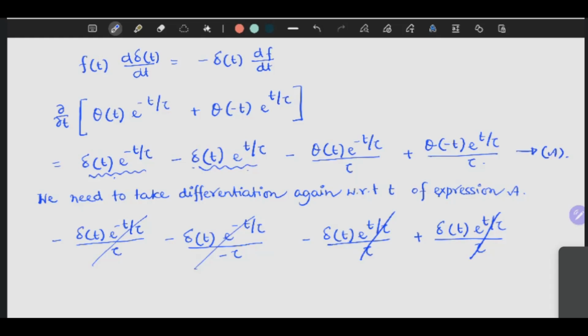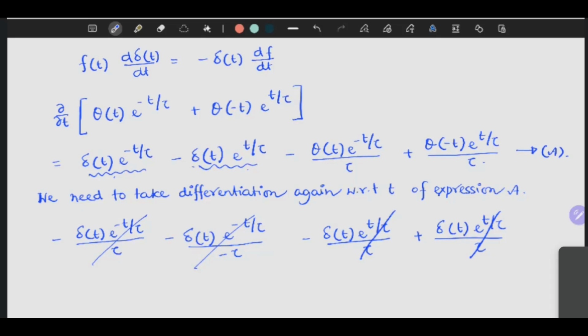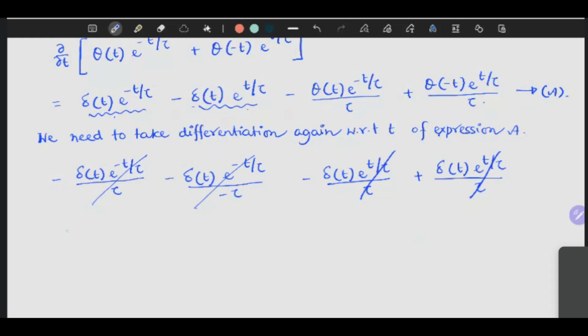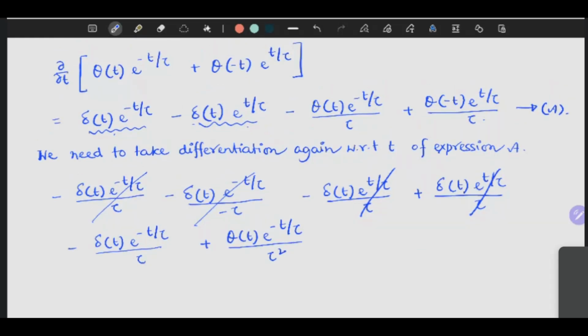Now again, if you think about this term, this will be minus delta t to the power minus t by tau. Again minus minus plus, so delta t e to the power minus t by tau and tau squared, because there will be one extra tau here.